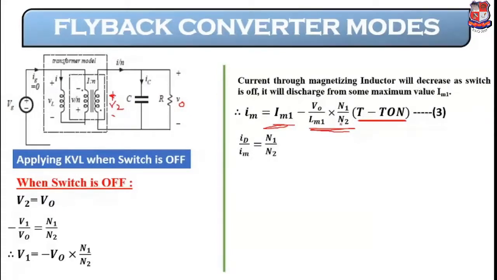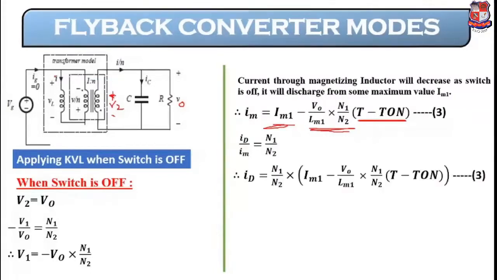And we also know that ID by IM. As diode current is flowing, ID by IM will be equal to N1 by N2. So secondary by primary current, ID by IM, will be equal to N1 by N2, because the ratio of currents will be the vice versa of voltage. In voltage, secondary voltage by primary voltage is equal to secondary turns by primary turns, but here secondary current is the diode current and primary current is Im, so that will be equal to primary turns divided by secondary turns, which gives us N1 by N2.